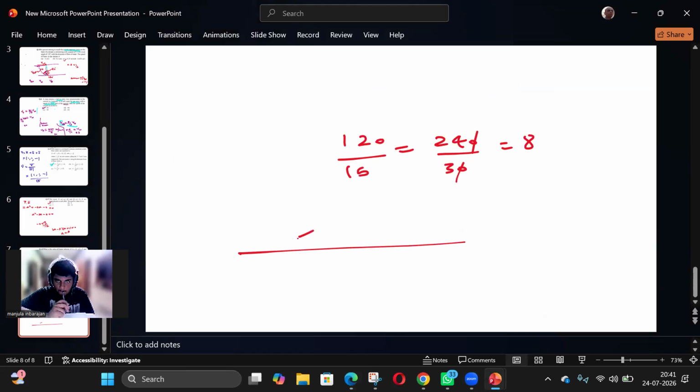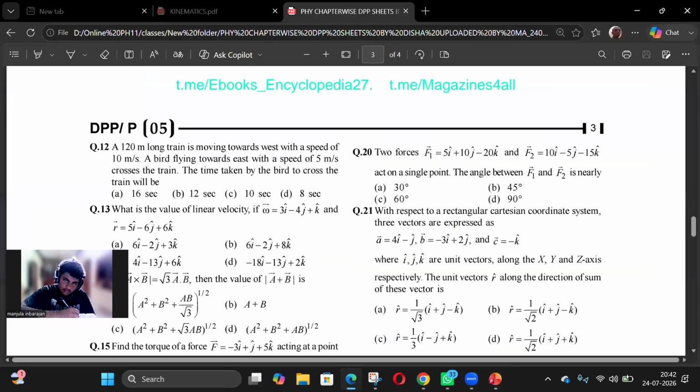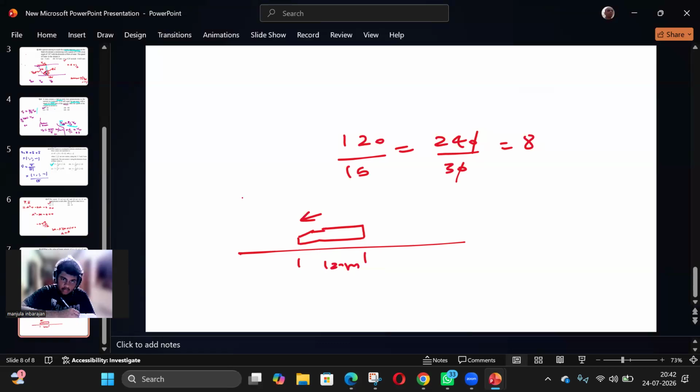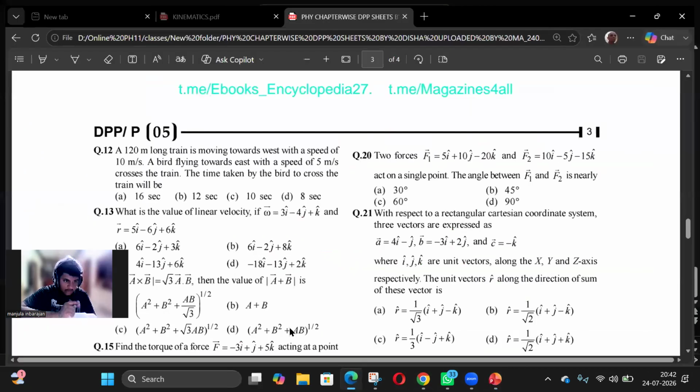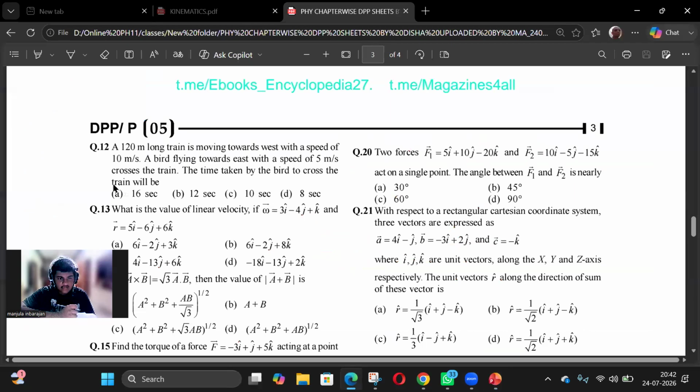So the train is moving towards west, and the train is 120 meters long, right? The bird is at the front of the train. Both are moving in opposite directions, so we can just add the speeds and divide by 120.